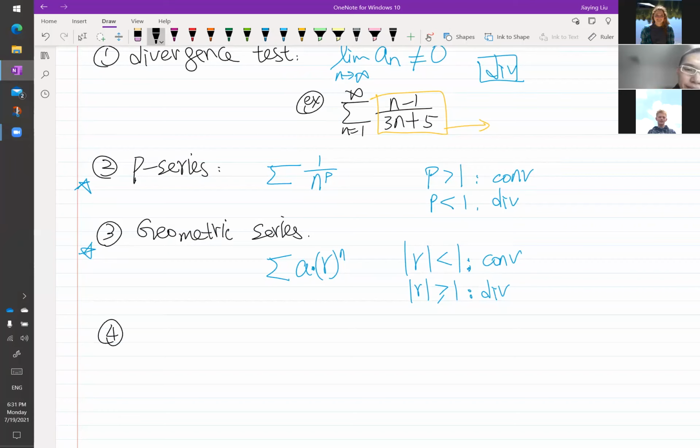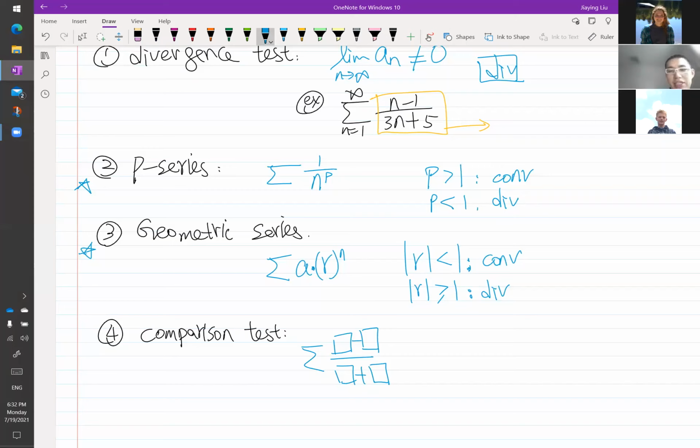For example, the comparison test. I always think about it this way: if I have a fraction in the sigma notation, and I can drop one term to get a fraction that's bigger, or drop one term in the numerator to get something that's smaller or bigger, depending on whether it's addition or subtraction.